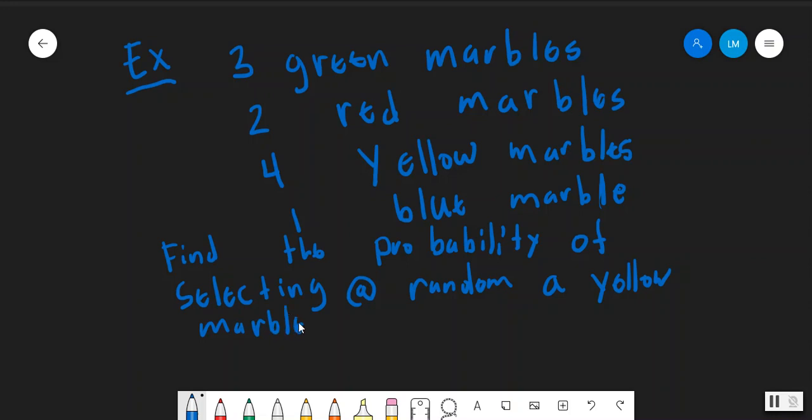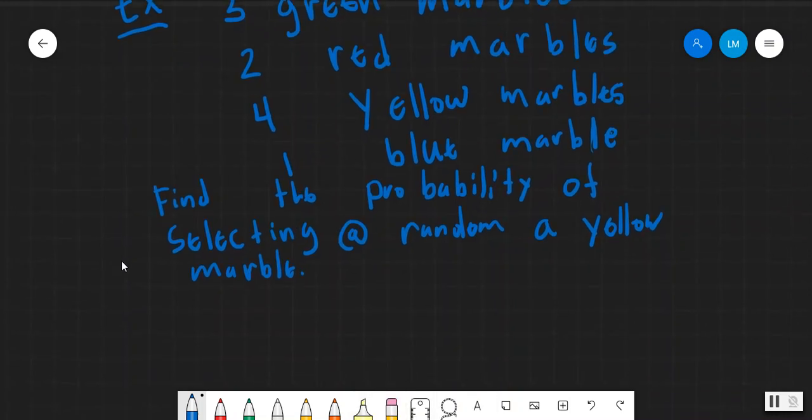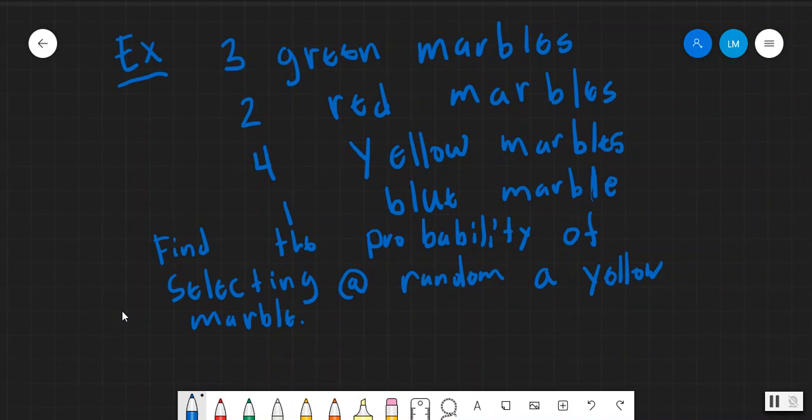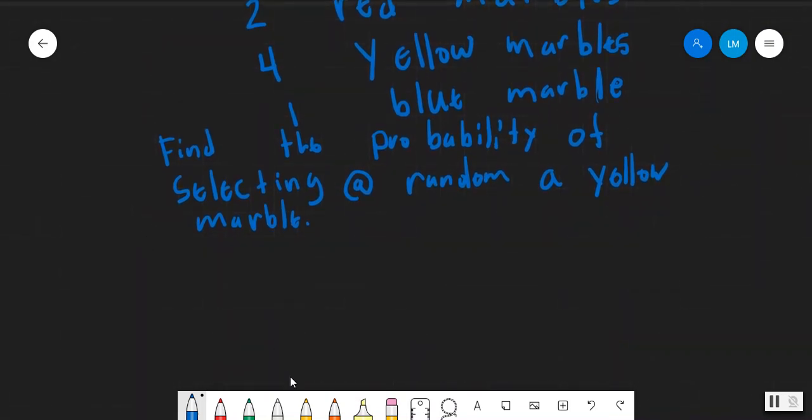Then in this case, if we're going to select just 1 marble, then that's actually not too bad because we just need to figure out how many total marbles there are. So in solving this problem, the probability of a yellow is going to be equal to 4 over the total.